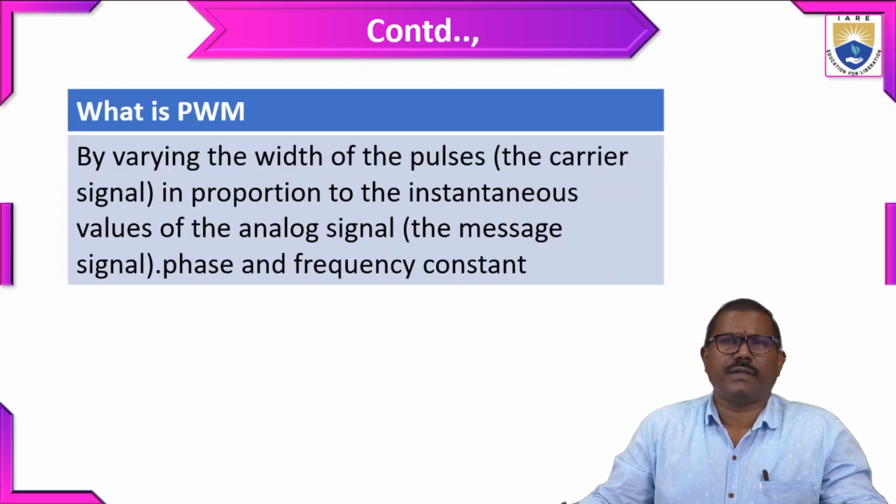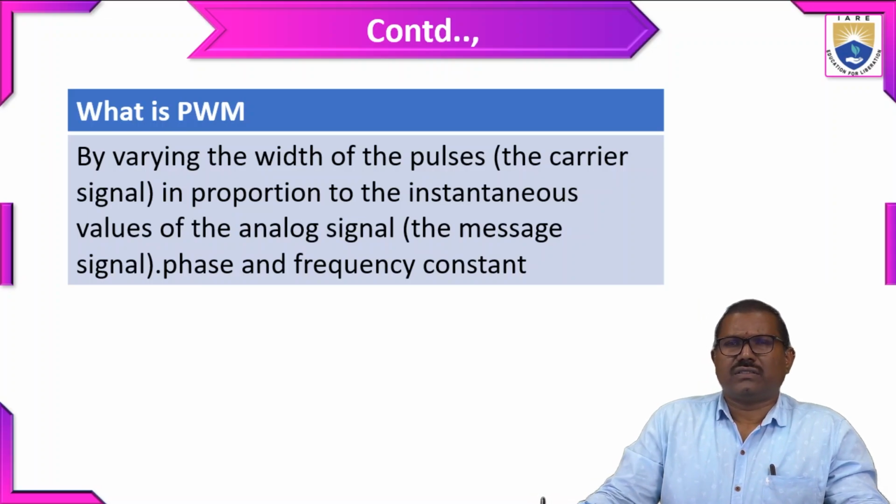Now what is PWM? Here we vary the width of the pulses of the carrier. The carrier signal is in the form of a pulse, and the width of the pulse varies in proportion to the instantaneous value of the message signal.